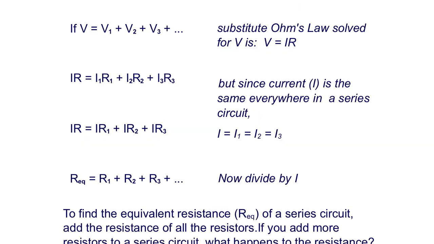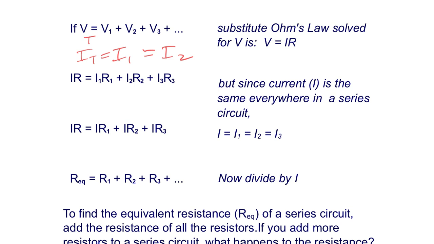Okay, so let's put what we just said together here. VT, the total voltage, equals the sum of the voltage drops, and also we know IT equals I1 equals I2, so all the I's are the same.